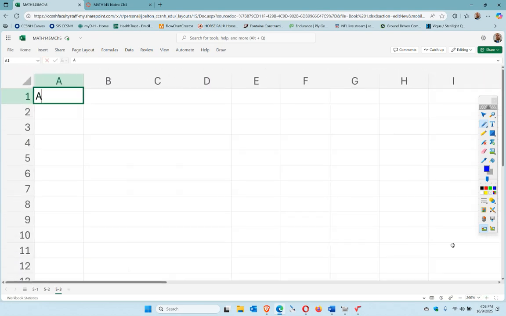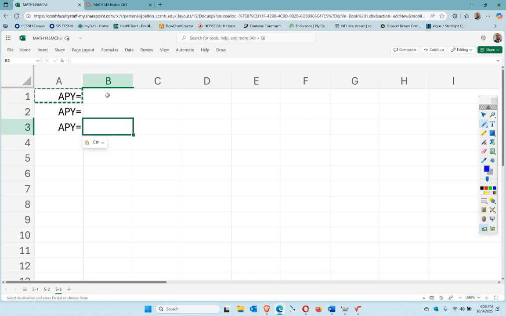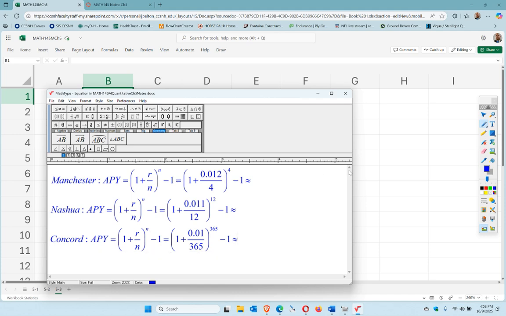So I'm going to do APY. APY equals, and we'll shift that to the right, and we're going to copy, paste, and paste. This will be Manchester, Nashua, and Concord when we're all done, right? So we want to put these 3 things in right here.